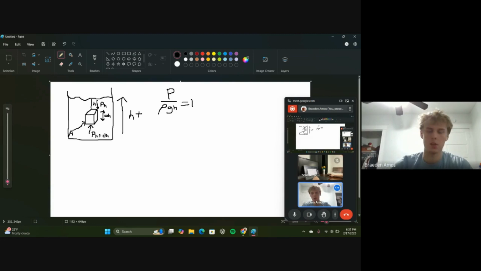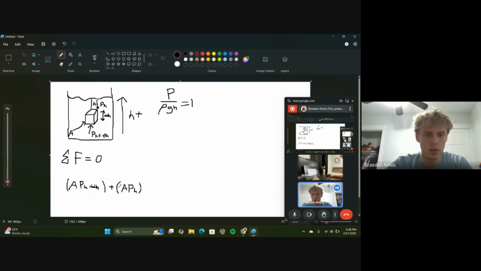We know that the cube is not moving, so the sum of the forces must be equal to 0. Those forces are area times P(h plus dh), and then plus area times P(h).